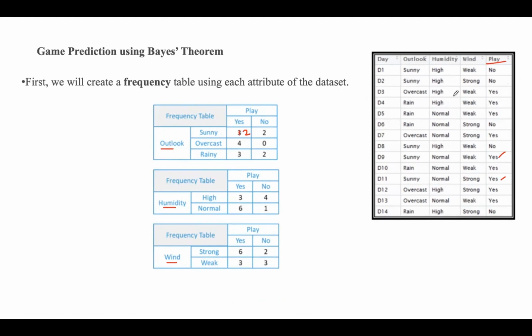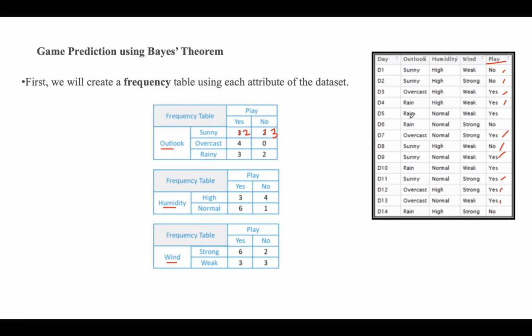Next, sunny, no: 1, 2, 3. So here it is 3. Next, overcast, yes: 1, 2, 3, and 4. So we got 4. Whereas overcast, no, we are not having anything, so this is 0.